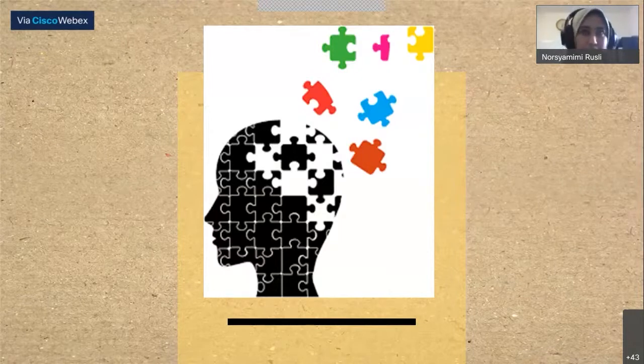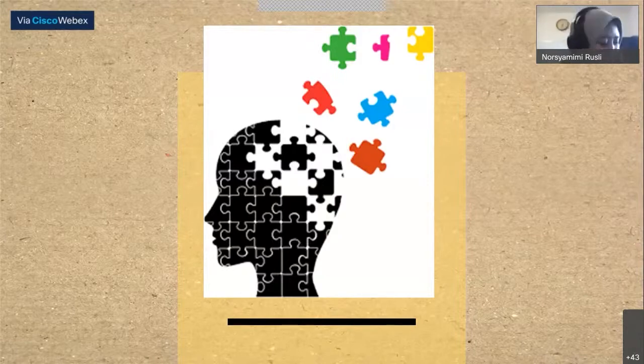It has something to do with how the child plans their body movement and how to control the body. Good. So everybody's got the point from yesterday's session.